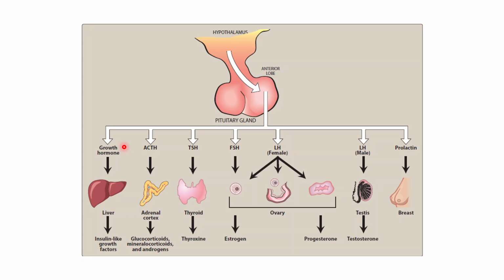Then somatostatin, or the growth hormone inhibiting hormone, will reduce the growth hormone release, and it also inhibits the release of the insulin, glucagon, and gastrin.